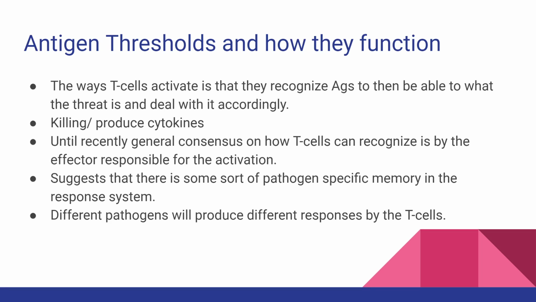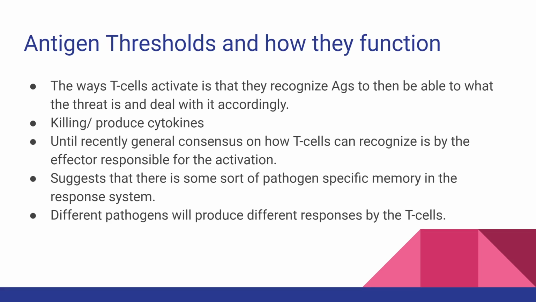Until recently, the general consensus was that the effector response was determined by the activating AG itself. This suggests that there was some sort of pathological memory built into the AG, like the AG saying, "I've seen this before, I know what this is. Hey, T cells, you know how to deal with this, go do it."